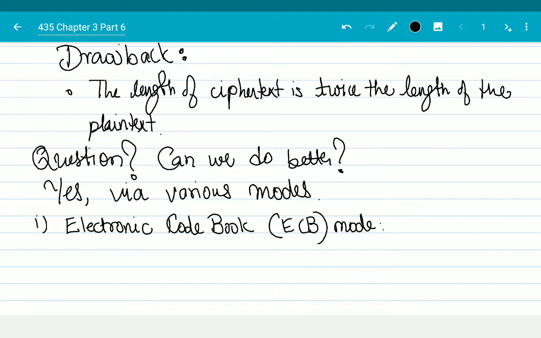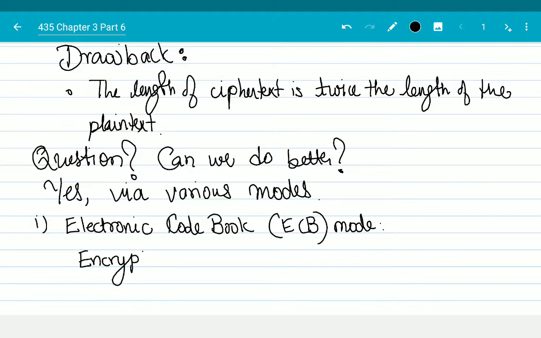So the naive way, the super easy way that we could think of is saying that instead of repeating a new parameter r every single time, which is effectively doubling my length, what if we encrypt everything using the same parameter r?